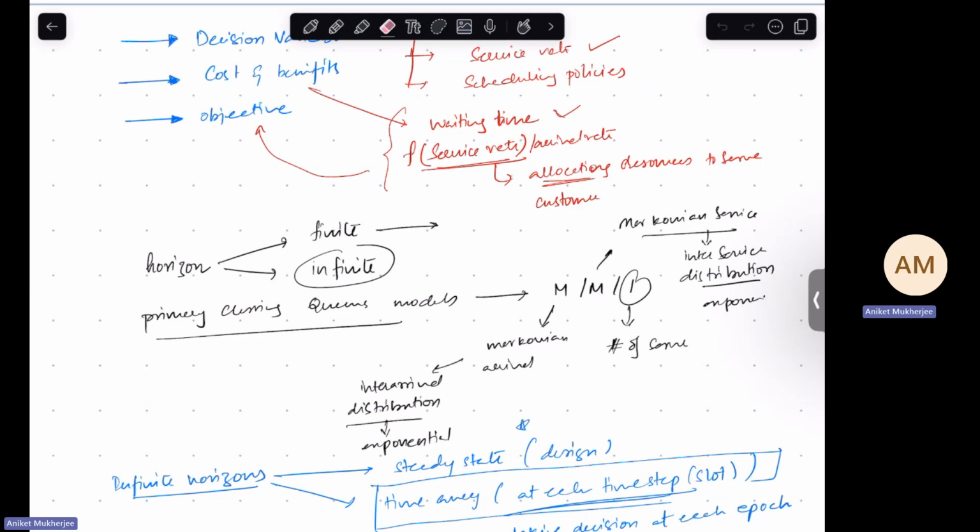When I say Markovian, I mean that the arrivals follow a CTMC process, where the inter-arrival distribution between two arrivals is exponentially distributed. So the inter-arrival distribution is modeled by a random variable whose distribution is exponential. Similarly, the service also is Markovian.